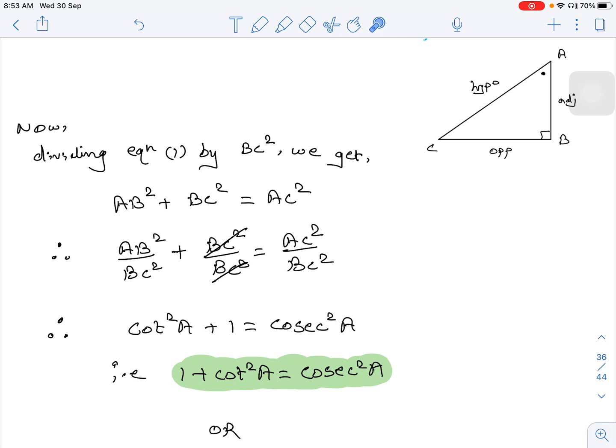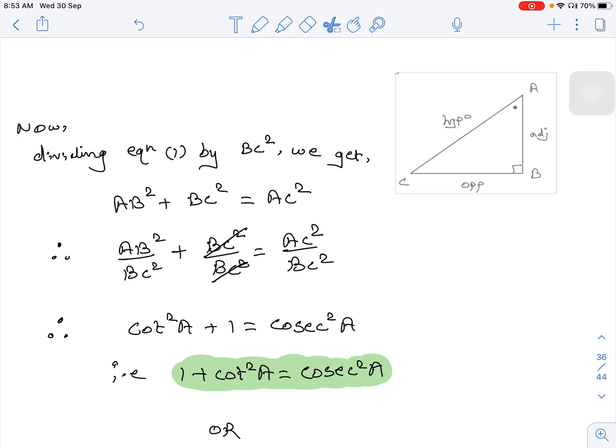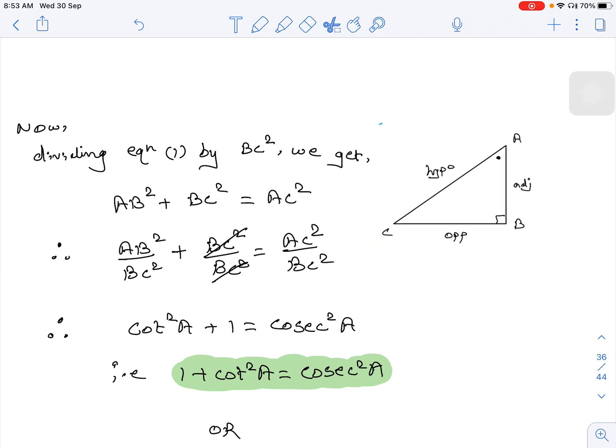In the next step we get AB upon BC. So look at the figure. Now what is AB upon BC? That is adjacent upon opposite. So its ratio is cot, so that we have written over here. Then this BC upon BC will become 1.